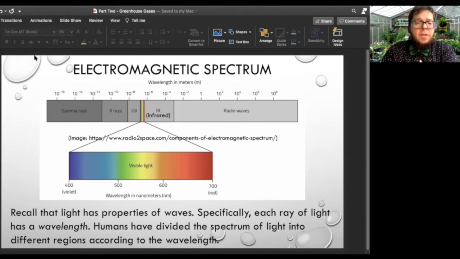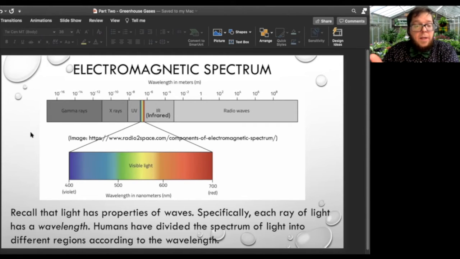And so what humans have done, according to our needs in terms of how we use these waves, but also in terms of how we observe these waves interacting with matter, is divide the electromagnetic spectrum into regions according to the wavelength, or if you like, the frequency. But I said I was going to stick to wavelength.